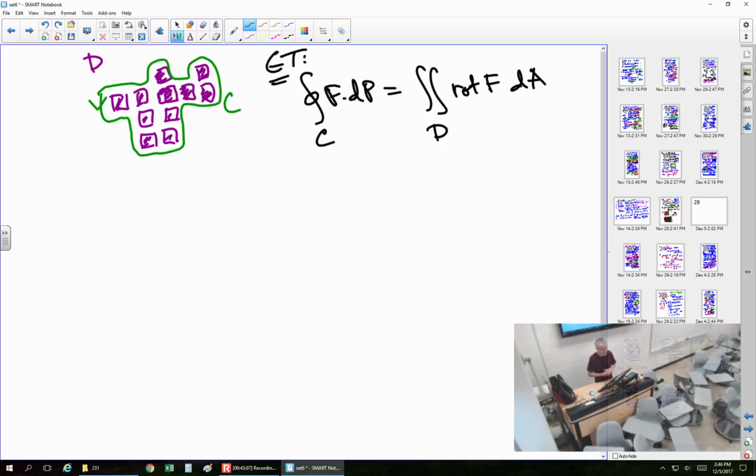So first of all, let's ask the question: what if F is a gradient? What happens to the formula, Green's theorem, if our vector field is a gradient?